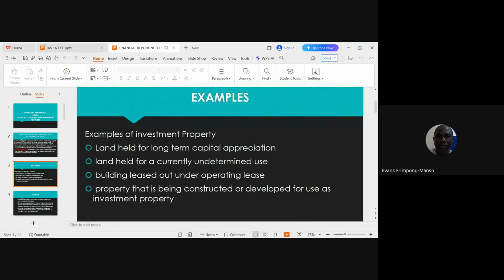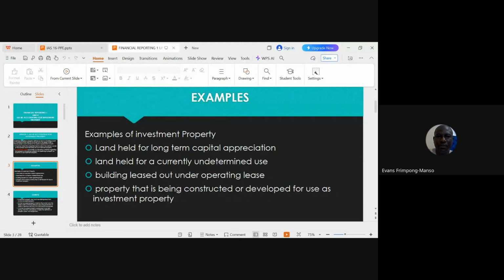So I've given you examples of investment property. Land held for long-term capital appreciation. That is, for the value to go up, before you will sell. It's an investment property. Land held for a currently undetermined use. You have a land, you don't know what you're going to use the land for now.